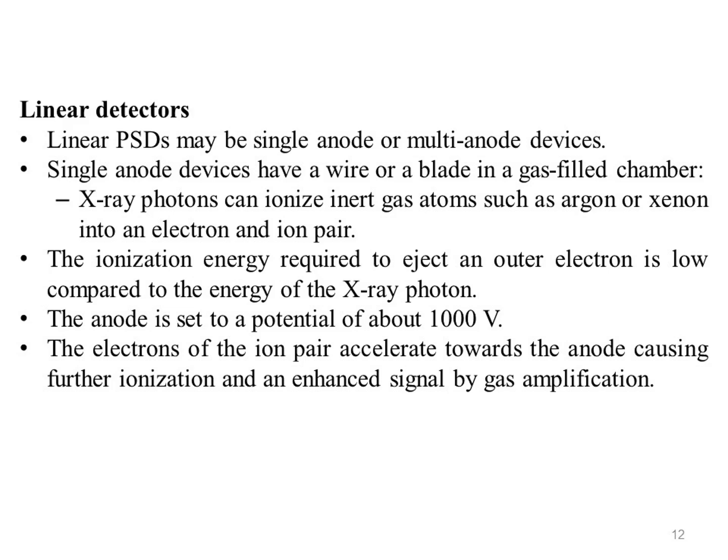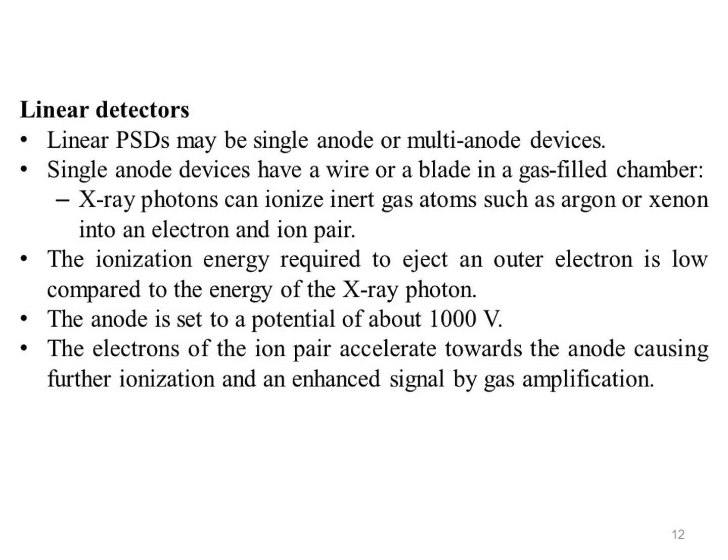The anode, which is a relatively poor conductor, is set to a potential of about 1000 volts. The electrons of the ion pair accelerate toward the anode, causing further ionization and an enhanced signal by gas amplification.